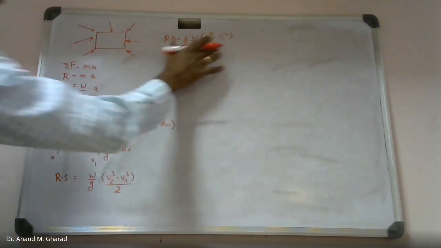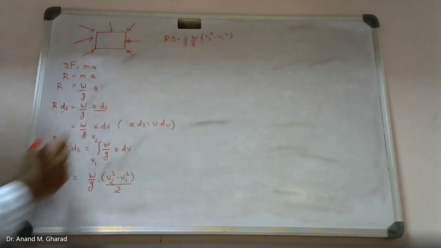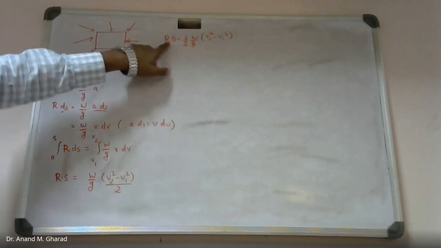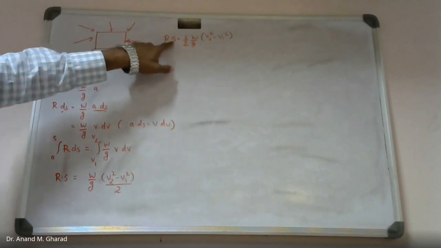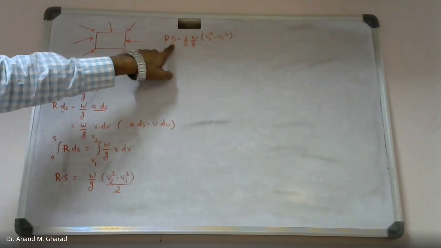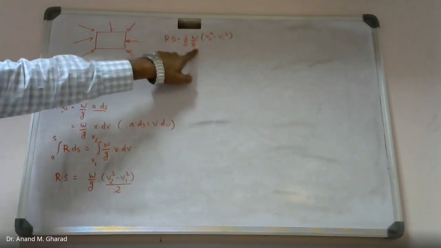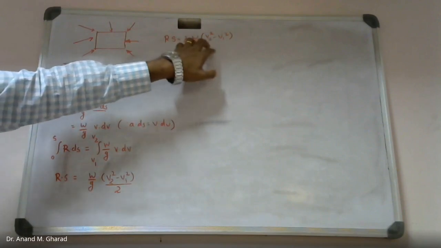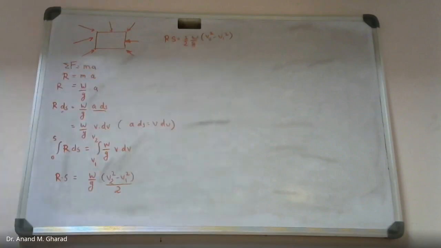This equation is known as the work energy equation. On the left hand side you can see this equation is nothing but force into displacement, that is the work done. Whereas on the right hand side it is the equation related to the kinetic energy, or you can say change in the kinetic energy, right?